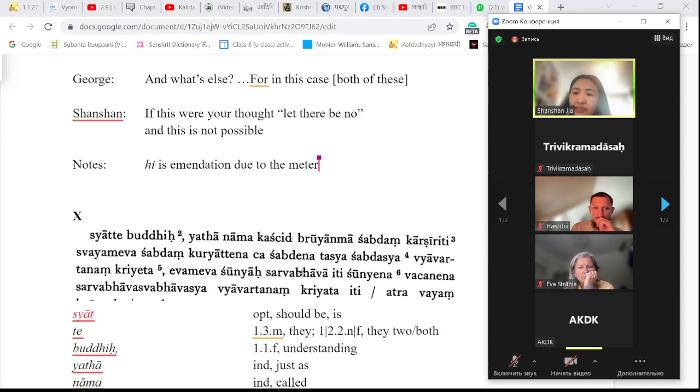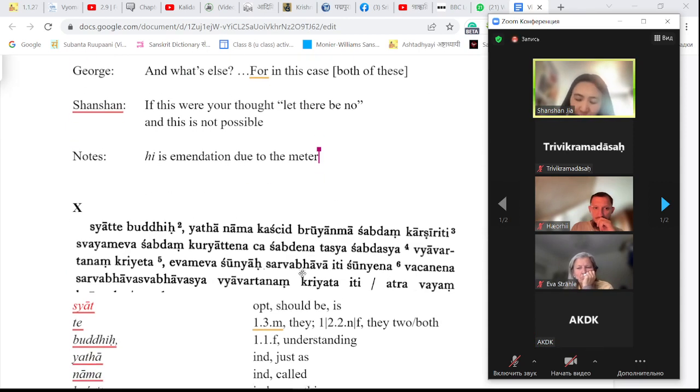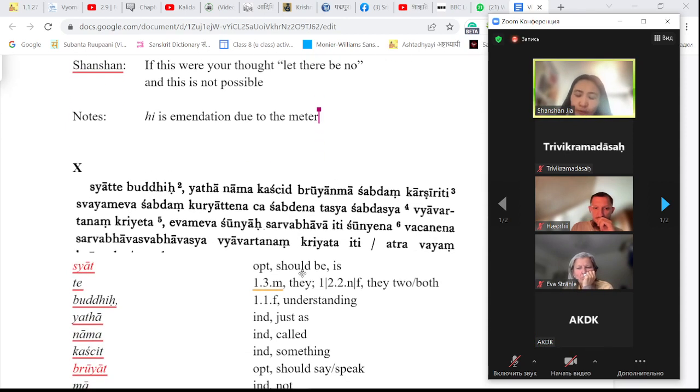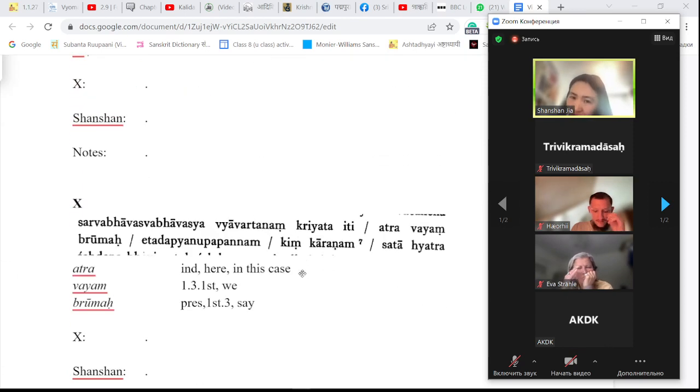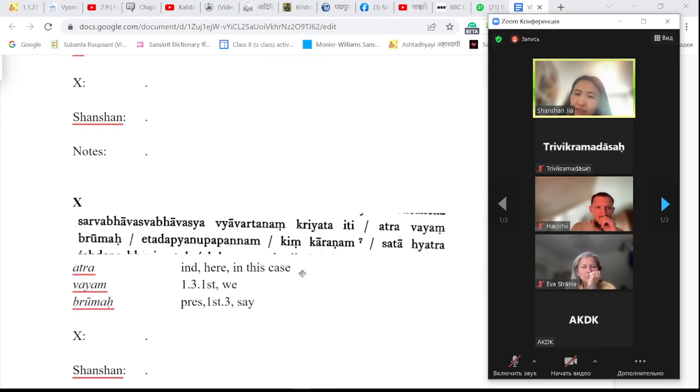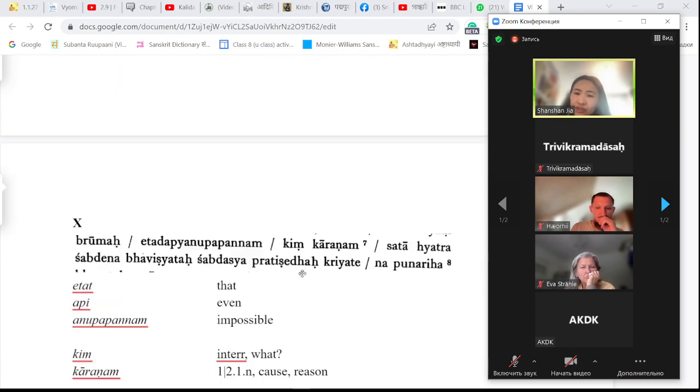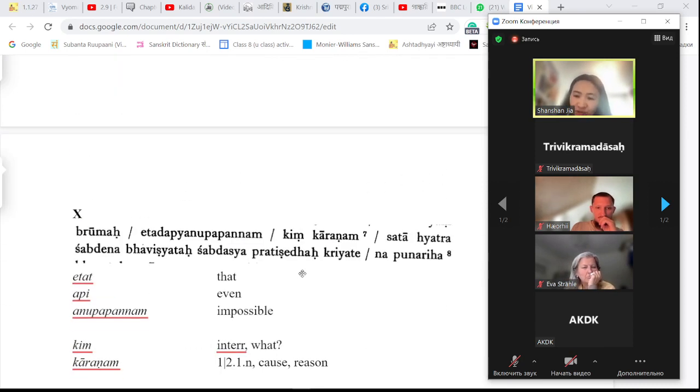I said that this hi actually confirms the emendation that Johnston made in the verse. So this hi is that hi. Then this sentence is a paraphrase of the second line of the verse. So what do you think?